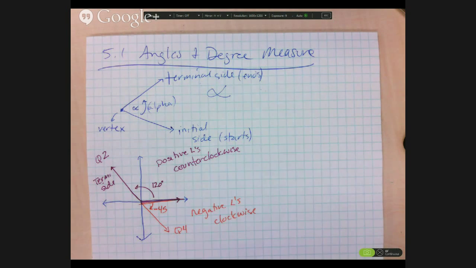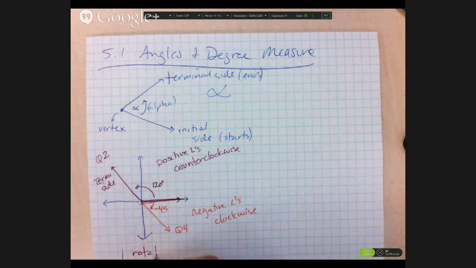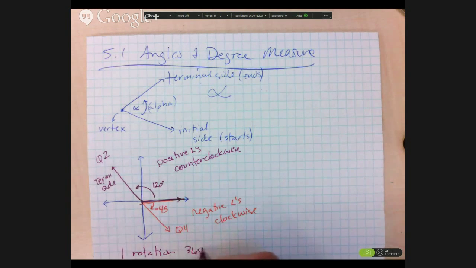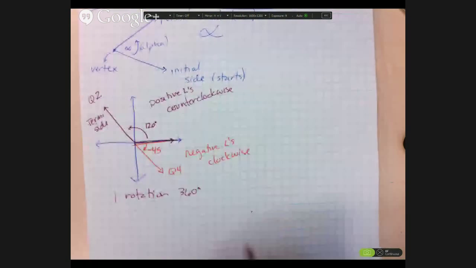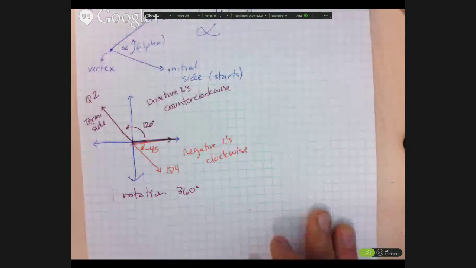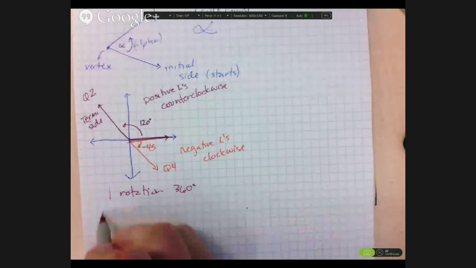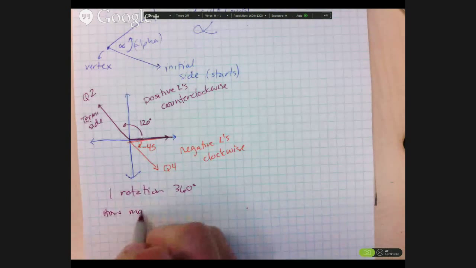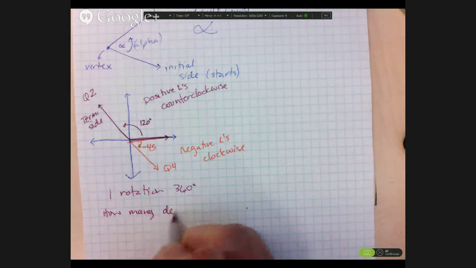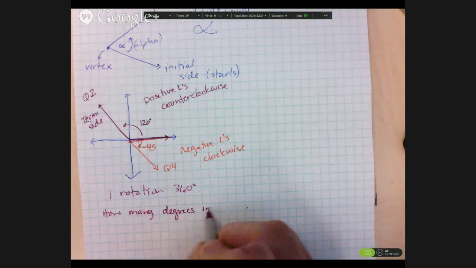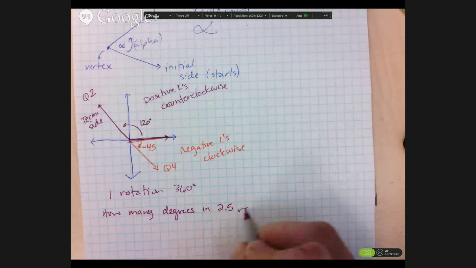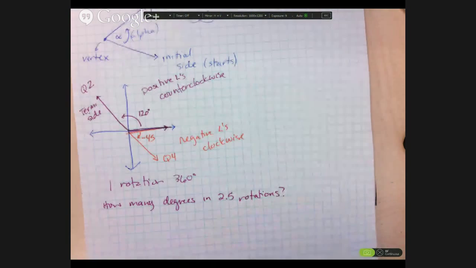Okay, how many degrees are there in a complete rotation? Okay, here's the difficult math part. This is a sarcastic statement. How many degrees are there in 2.5 rotations?